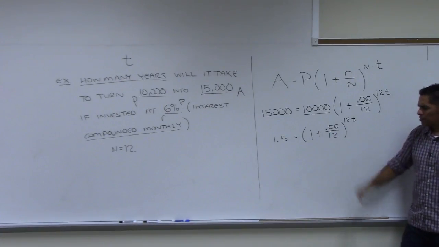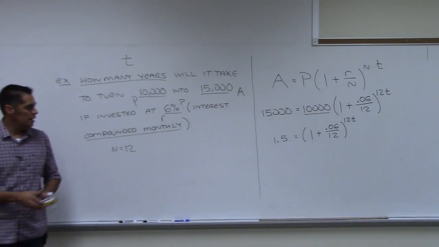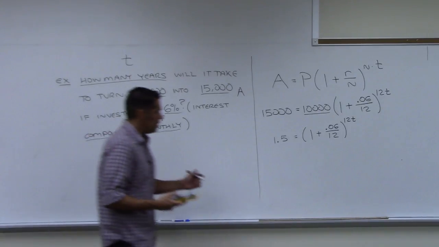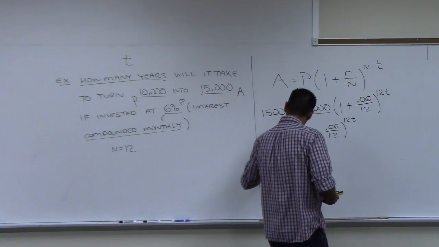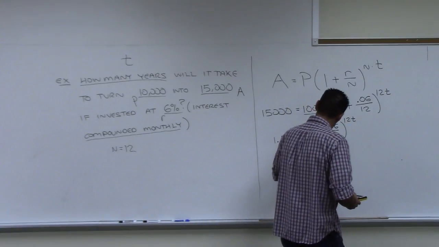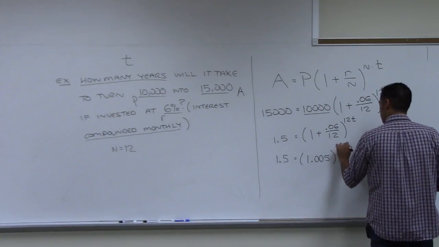What is this? 0.06 divided by 12 plus 1. And let's go and use as many decimals as we can here. 1.005. So we have 1.5 equals 1.005 to the 12t.